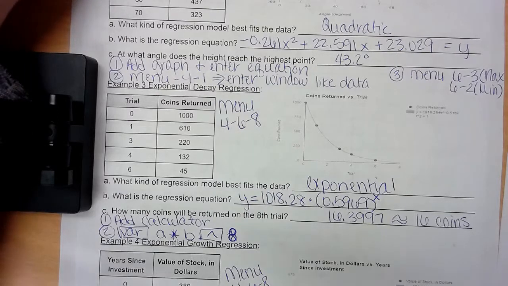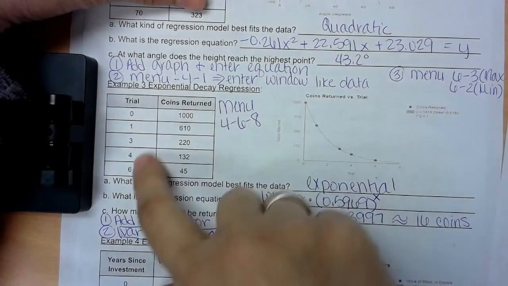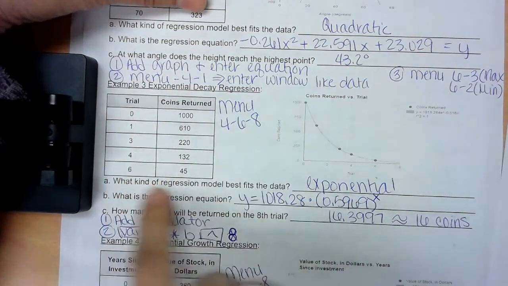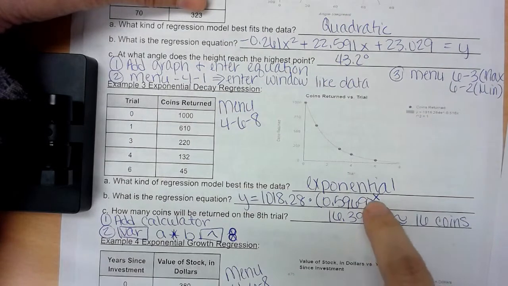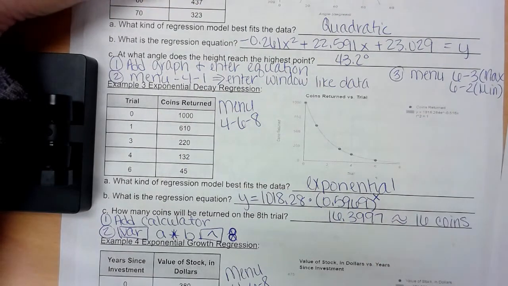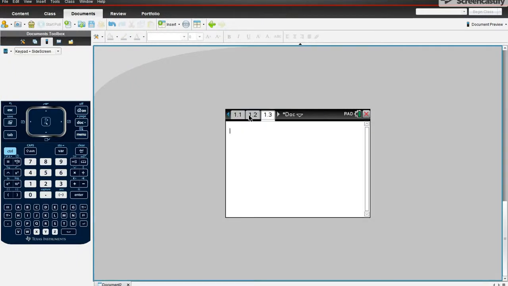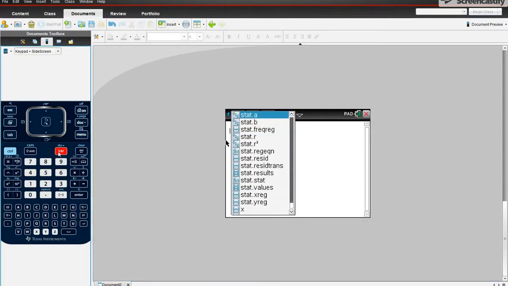Okay, and the next part of the question says how many coins will be returned on the 8th trial. The trials, if you look at your table, is your x value. So we're going to use our equation, plugging in 8 where the x is. To do that, do Control Dock again, pick a calculator, push the var button.